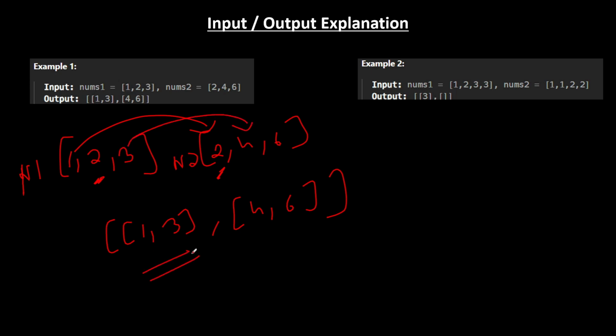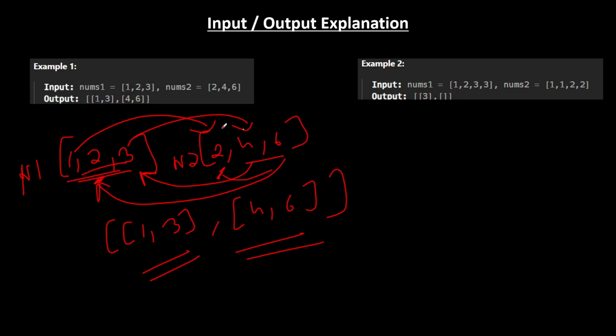Therefore, we have 1 and 3 here. And 4 is not present in nums1, and 6 is also not present, therefore we have 4 and 6 here. Basically, we are taking those values from one array which are not present in the other array, and vice versa.